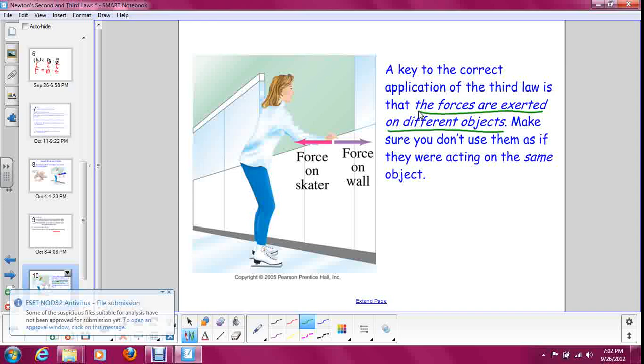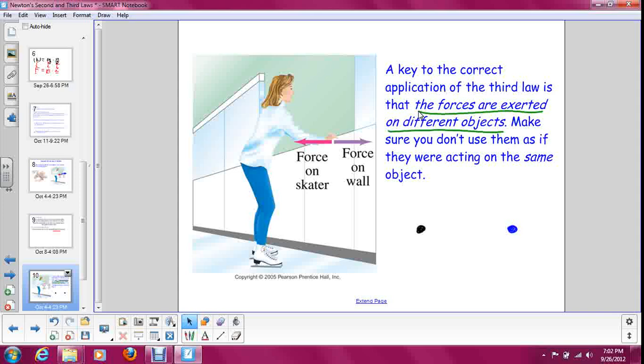If we draw a force diagram for the skater right here, and a force diagram for the wall, let's ignore everything except the arrows that are drawn in the picture here. This one and this one. So the skater is pushing against the wall. So the force that the wall feels is the push by the skater in this direction.